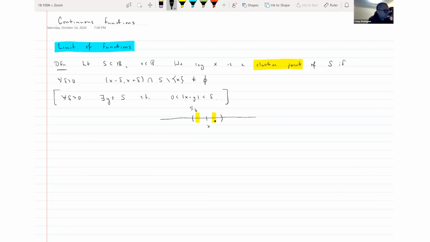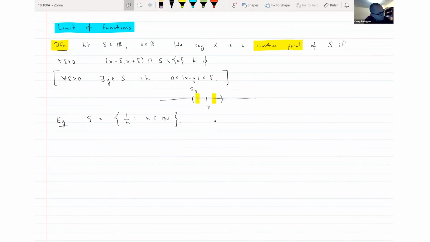So let's take a look at some examples. Let's say we take S to be 1 over n, n a natural number. Since now I actually have people in front of me, I can ask questions.